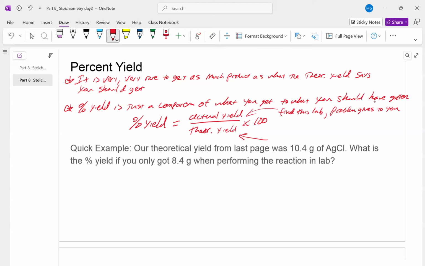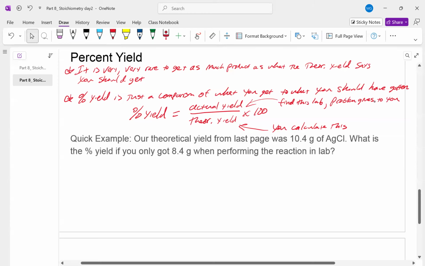And the theoretical yield, this is something you calculate, whether you're doing this problem for homework or for lab. A lot of times what we as chemists will do, before we actually do a reaction, is calculate the theoretical yield to anticipate how much we should get.